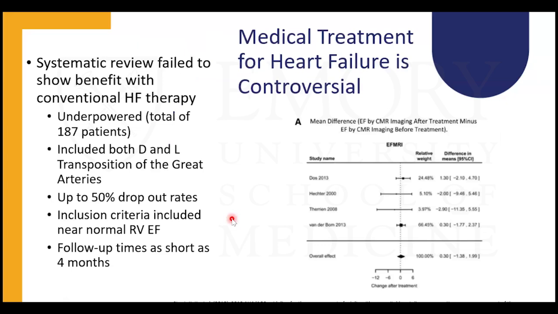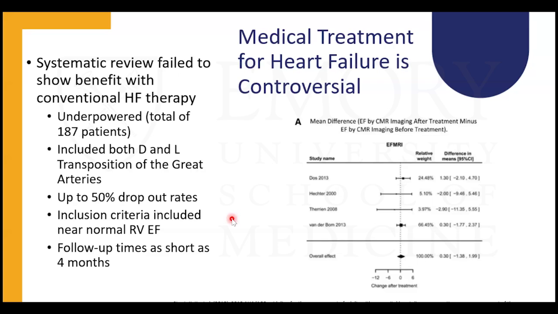Medical treatment for heart failure is very controversial, and this topic actually delayed significantly the publication of our most recent congenital heart disease guidelines. So the compromise to get the guidelines published was to do a systematic review to look at this topic. The challenge is that the studies looking at medical treatment for systemic RVs are severely underpowered.